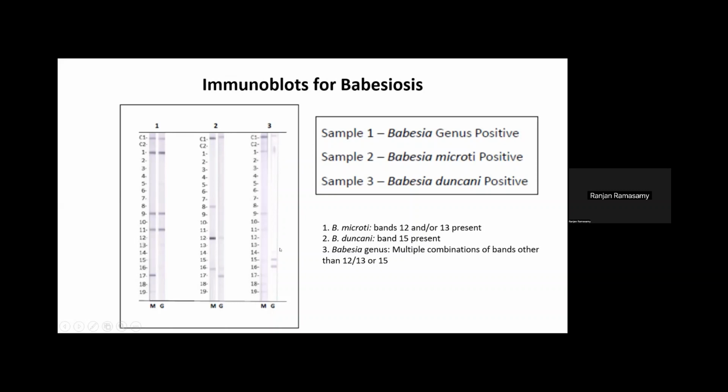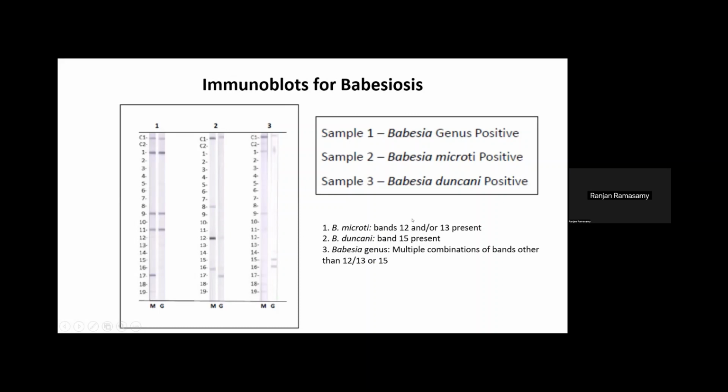Serum 3 is identified as resulting from a duncani infection because it reacts with band 15, which is specific for duncani. And the other bands are often present in the immunoblots, but if none of the specific bands, 12, 13, or 15, are present, they are identified as being Babesia genus specific, often where we couldn't identify the species as duncani or microti.